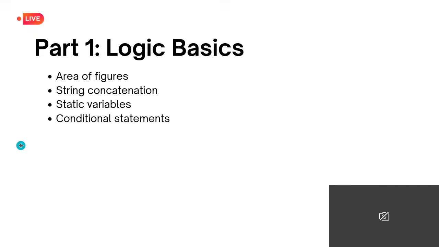In part 1 we understood simple logic, like how we can use the basic operators and perform finding the area of a figure and string concatenation. I also explained static variables and conditional statements.